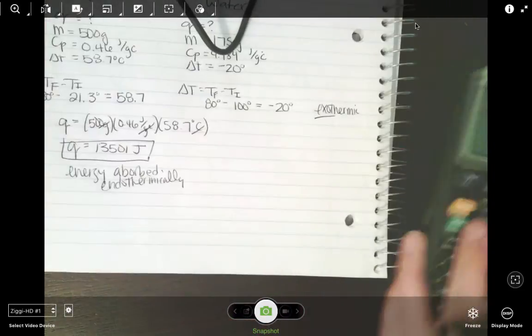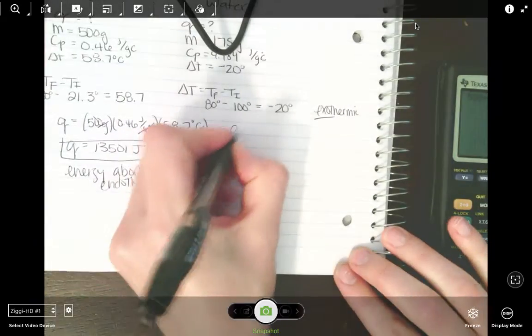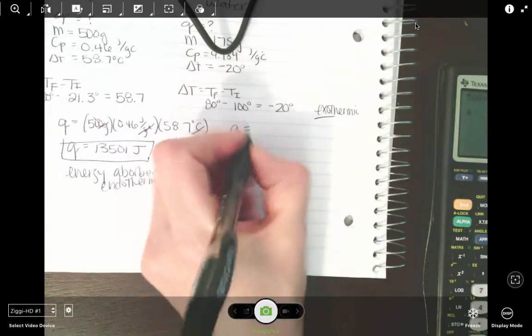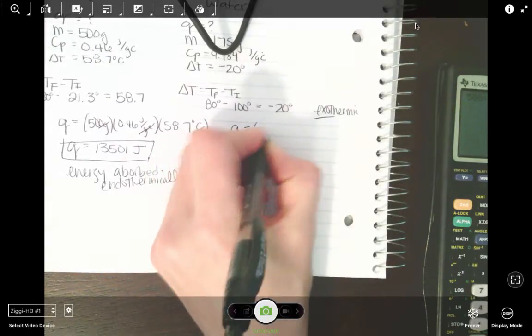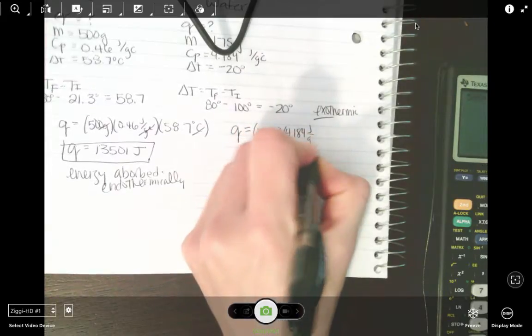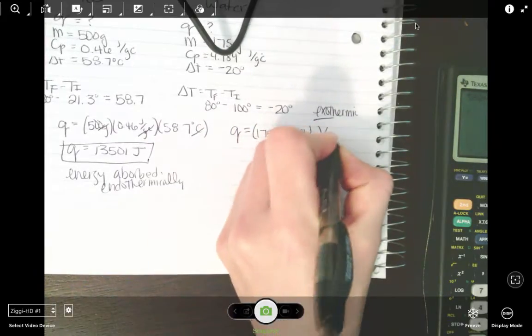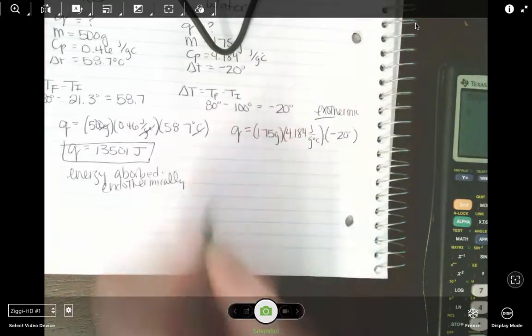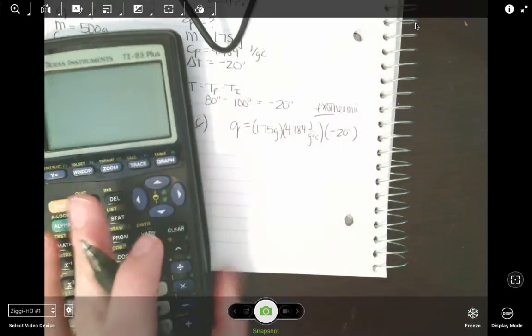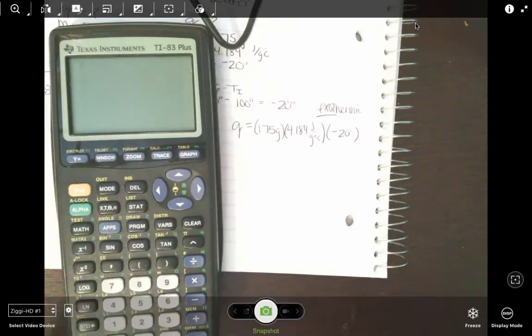That's half the problem. The other half of the problem is to solve for Q of water. So how much energy did the water give away? Q equals the mass, 175, specific heat, 4.184, and the delta T is negative 20, which is going to make our Q negative. So I have 175 times 4.184 times negative 20.